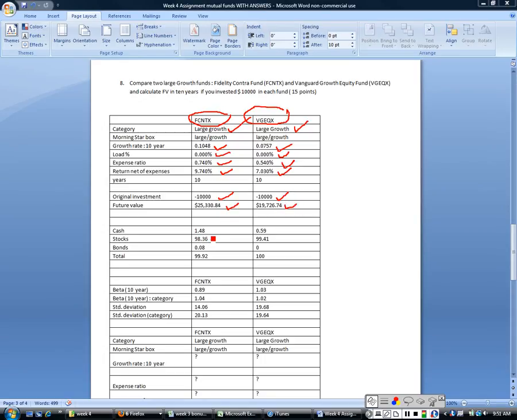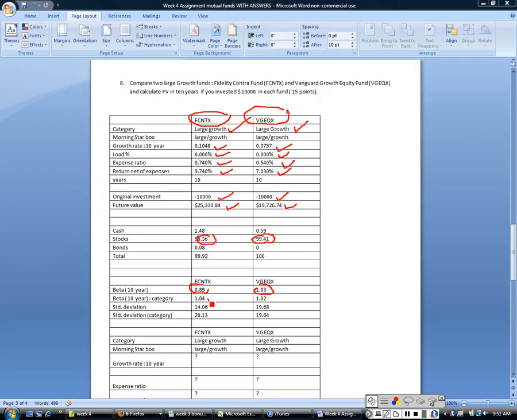In this one, if I look at what is in the fund, they are both stock funds, so obviously 99% are stocks. Beta for this fund is 0.89 compared to 1.03 for this one, which means that on average, if the stock market goes up and down, this fund has gone less up and down.